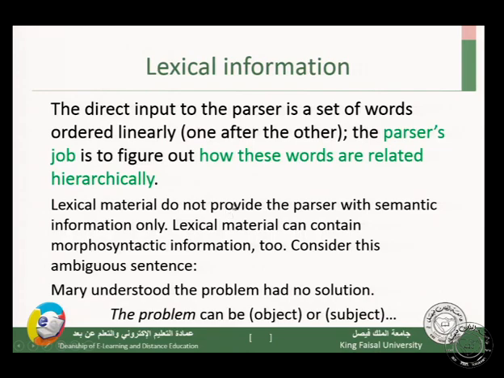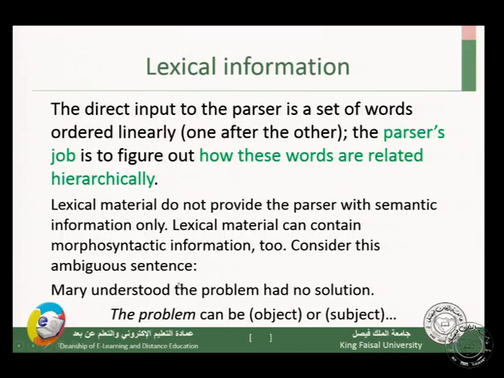Okay? In the second meaning, the problem can be the subject. Mary understood, this is the first element, the problem had no solution. So in this second meaning, the problem does not have a solution. In the first meaning, Mary had no solution. In the second meaning, the problem itself had no solution. So how did the lexical information help us understand that this sentence is ambiguous?